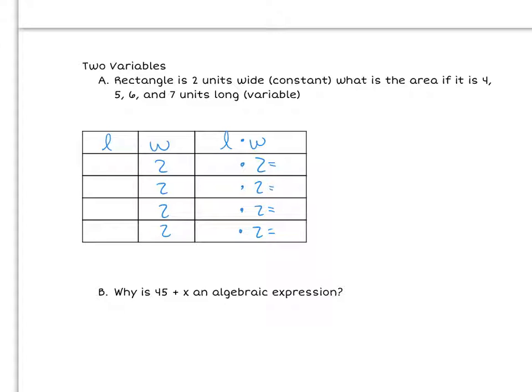What do I know about the lengths? What are my lengths? 4, 5, 6, 7. So that is my variable. I got my lengths for my problem here, 4, 5, 6, and 7 units long.